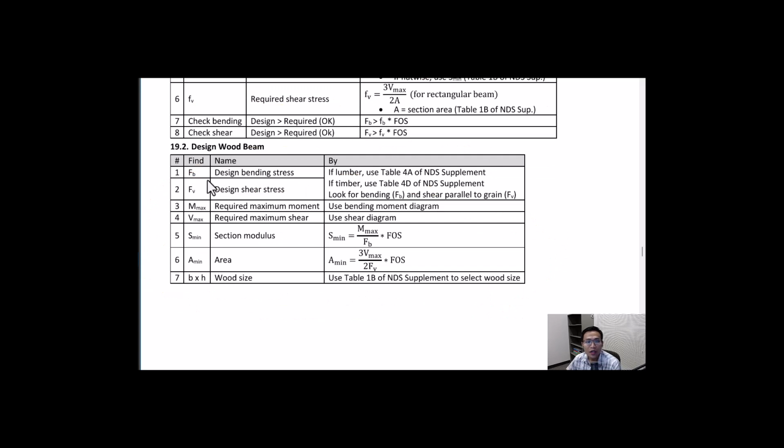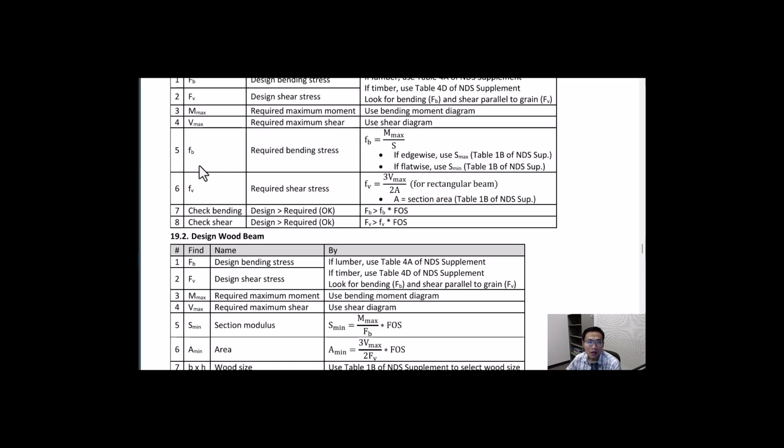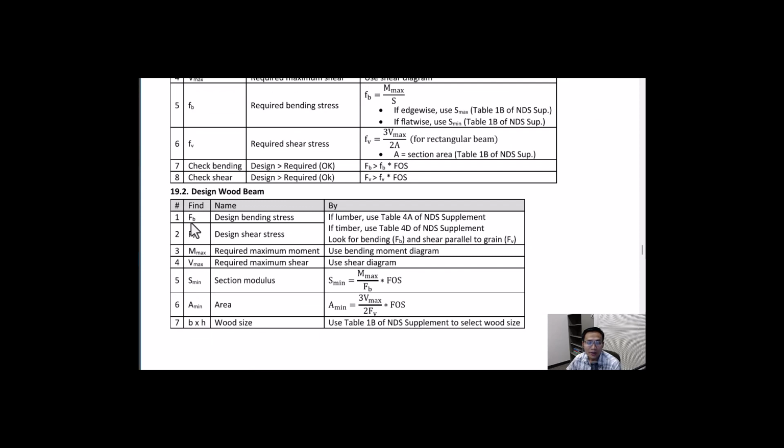Step 1, similar to the check for the wood beam. For the design one, step 1 and step 2 are to calculate the design bending stress and the design shear stress. The problem is that I don't know if the wood beam we select is lumber or timber.